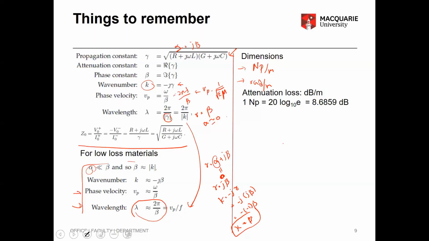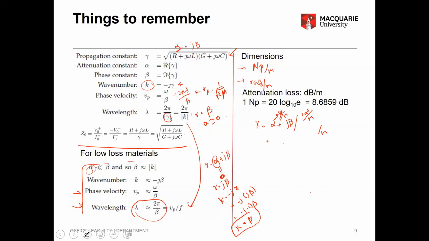Gamma is alpha plus j beta, so the propagation constant is per meter, with a nepers per meter unit for the real part and a radians per meter unit for the imaginary part. You can convert nepers to decibels per meter, and it's a simple translation.